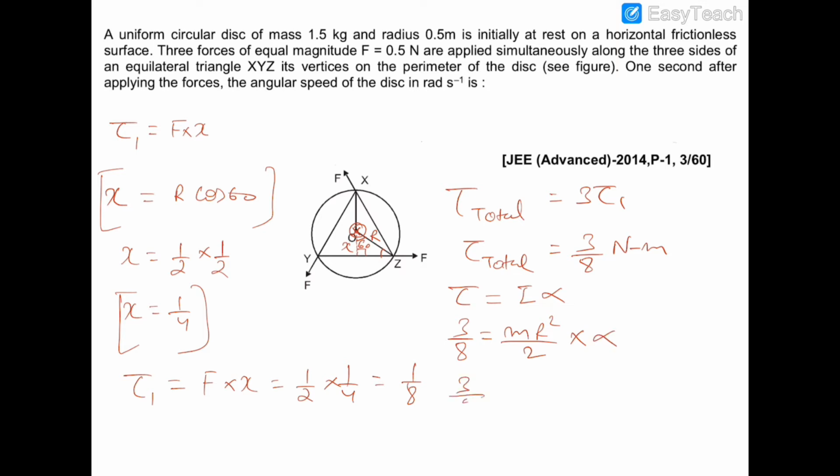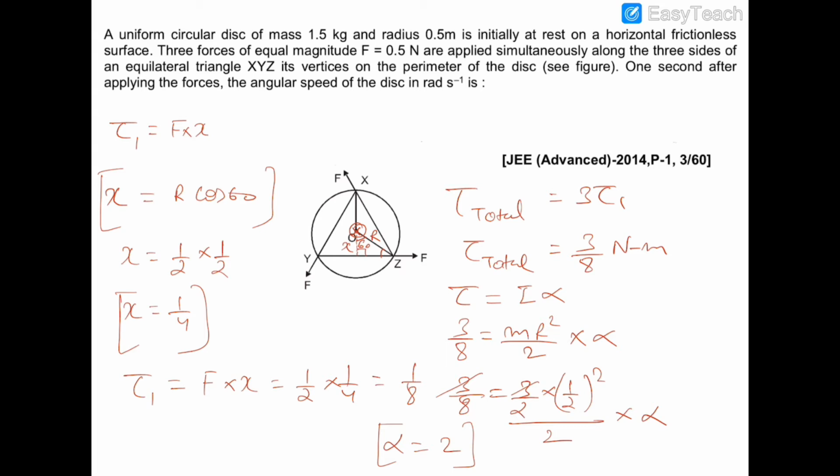So this is 3 by 8, and the mass is given as 3 by 2, and the radius is given as 1 by 2, so this is 1 by 2 whole square divided by 2, and into alpha. You can see that 3 is cancelled with 3, and alpha would be equal to 2.